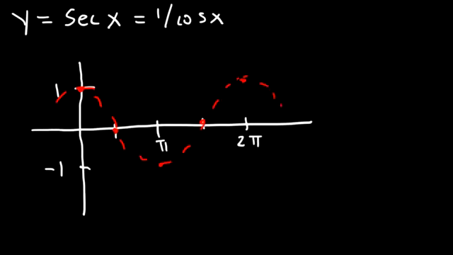And let's continue it. So now, at this point, plot the vertical asymptotes. Everywhere the cosine function touches the x-axis or the midline, that's where you want to draw the vertical asymptote.